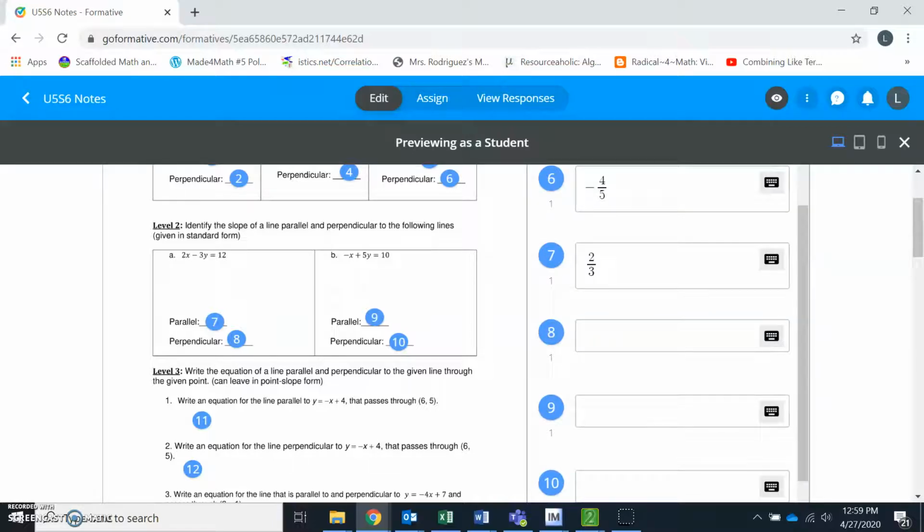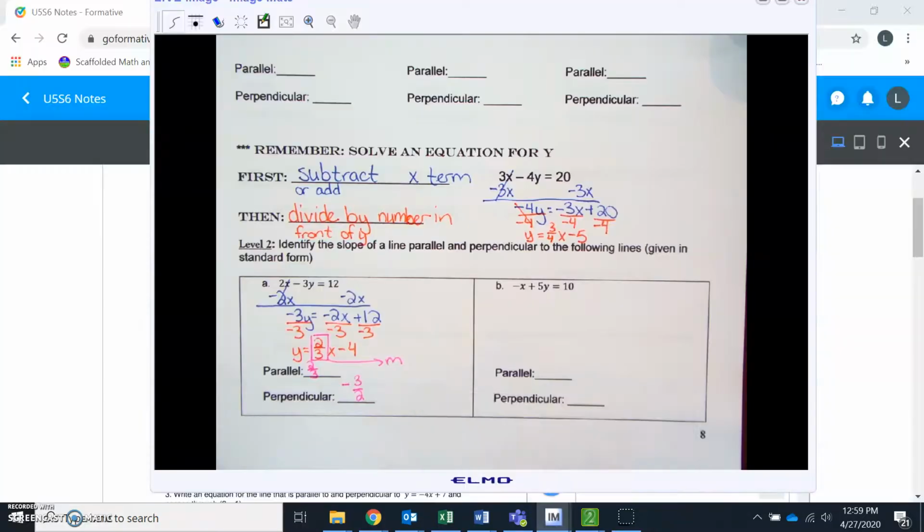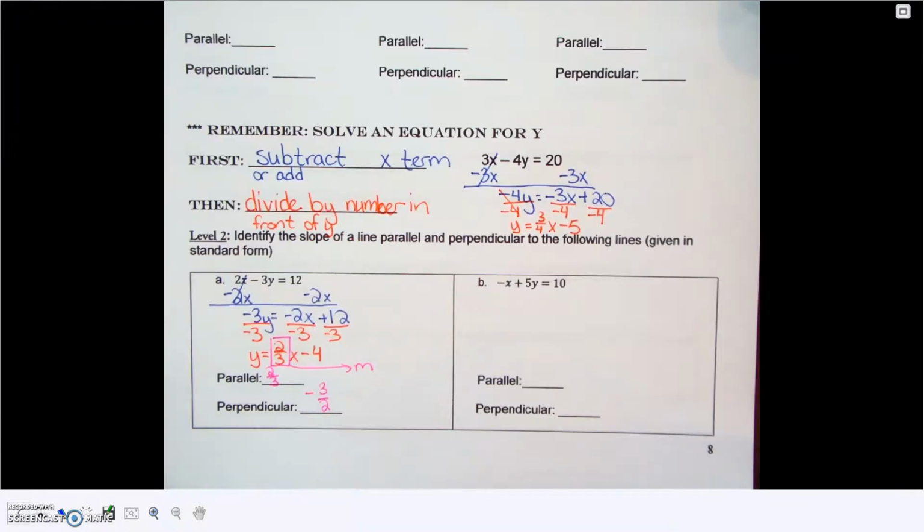And then for perpendicular, we need to make it negative, and the negative key is right next to the 0 key. So negative, and then 3, question mark key changes it to a fraction. Okay, just a reminder. Let's do one more problem here, and then you can get started on your classwork.